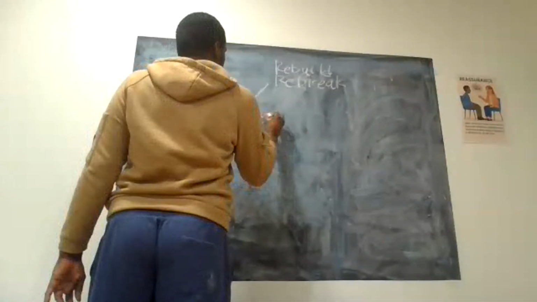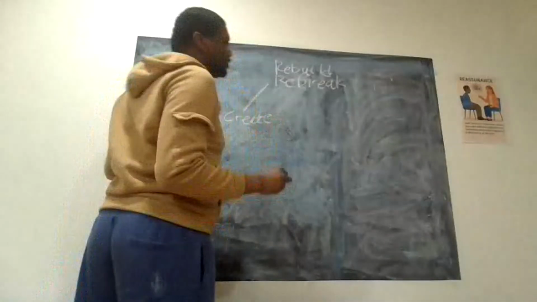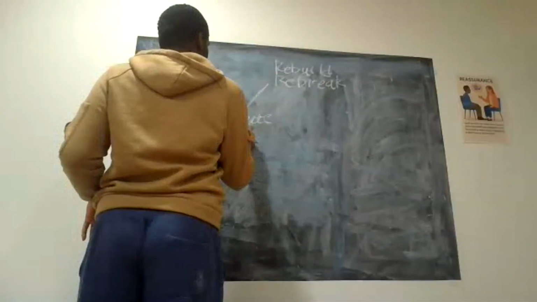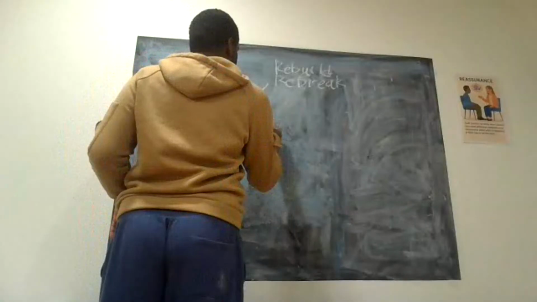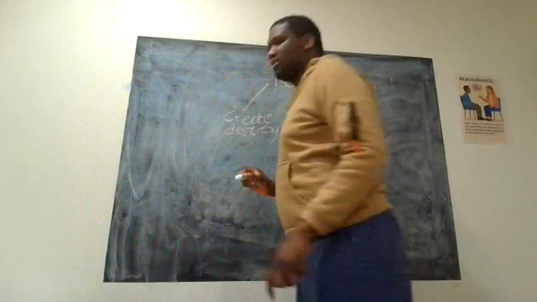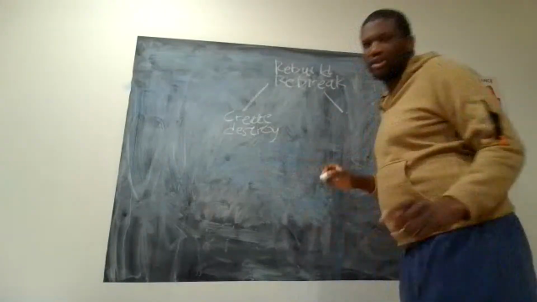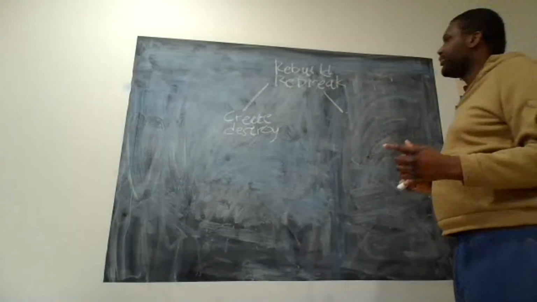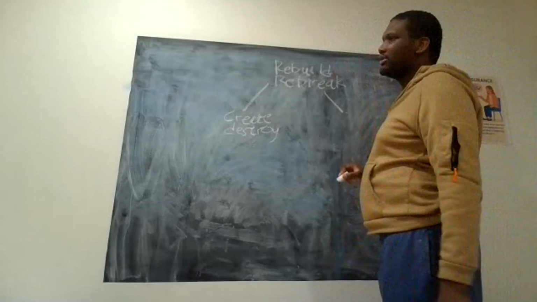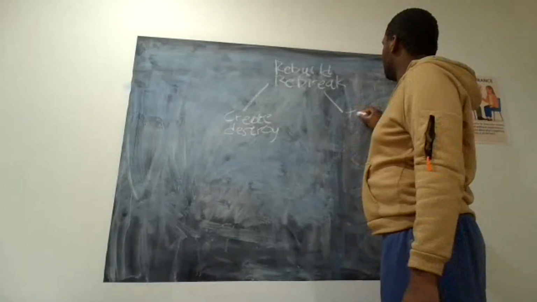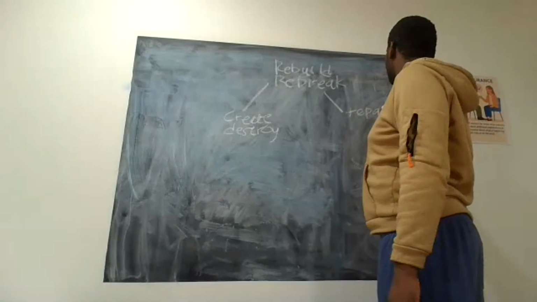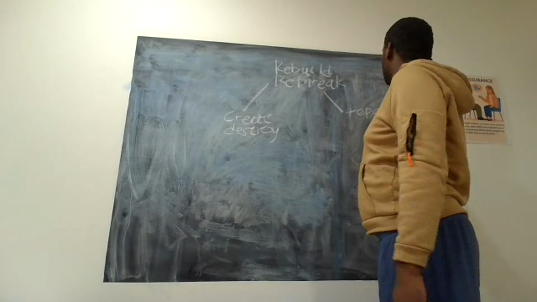If you can create something, a session, a message, a template, something, you can destroy it. If you can do something, you can break it. You can create something, you can destroy it. If you can repair something, you can renew it.